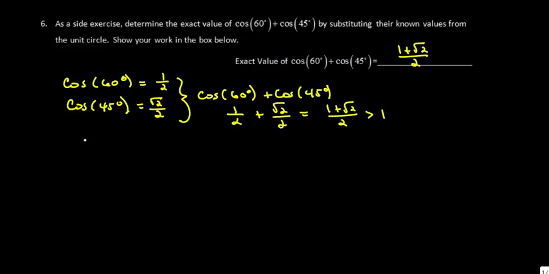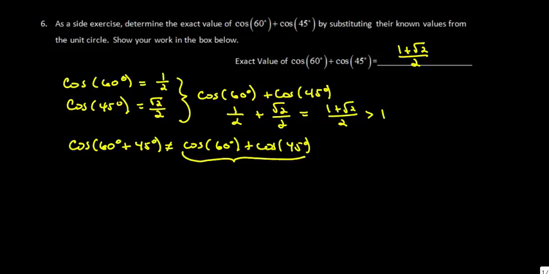So if you think about this, the cosine of 60 degrees plus 45 degrees can't possibly be equal to the cosine of 60 plus the cosine of 45. The reason it can't be equal is this guy right here, first of all, is positive, and it's more than 1.